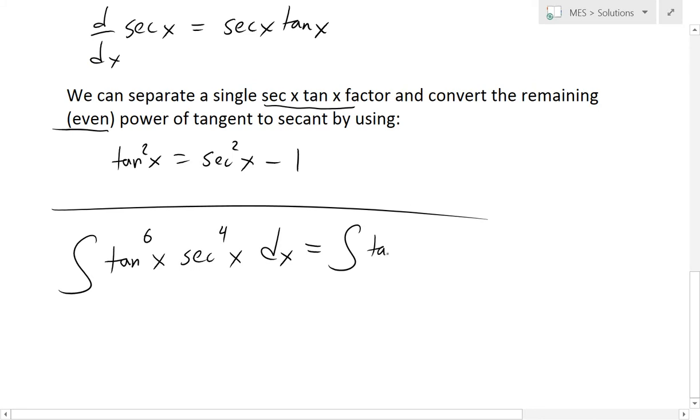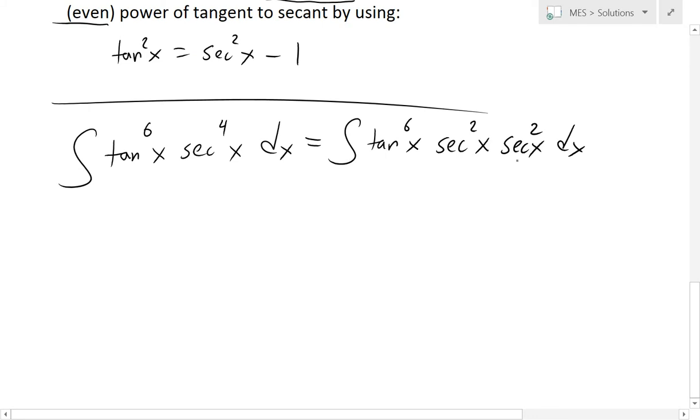So we have tan 6x times secant squared of x times secant squared of x dx. The reason we have this is because once we apply the substitution rule, we can cancel these out. I'll get to that in a bit.